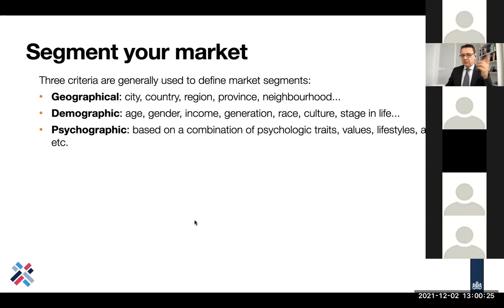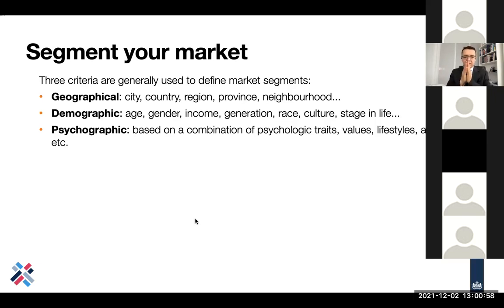There's the simple geographic criteria, whether it's a city, the country, the province, the region, the neighborhood, etc. And you can make this as large or as small as you want. Typically, geographic segmentation makes sense when you're thinking about logistics, about distribution, about taking the product to consumers or to distribution centers so that consumers can access it.